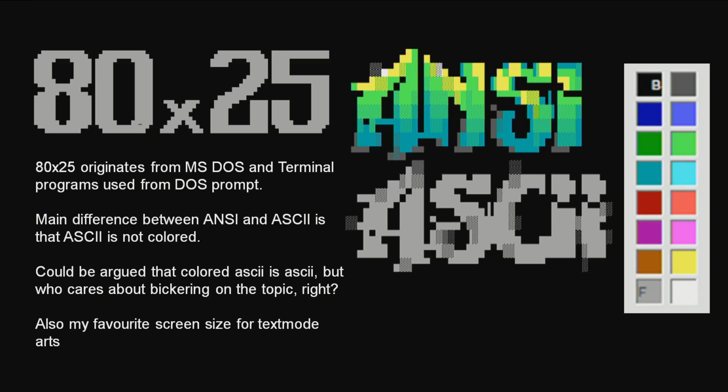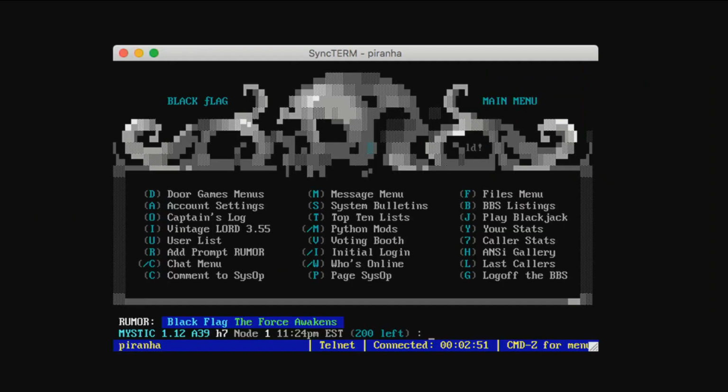So everything that was done in those days was pretty much in 80 by 25, because it wouldn't fit into the screen otherwise. And you would have to spare one line from the bottom, because you would have the information that I showed here on the bottom line about your terminal program and so on. So it wouldn't scroll in an ugly way.